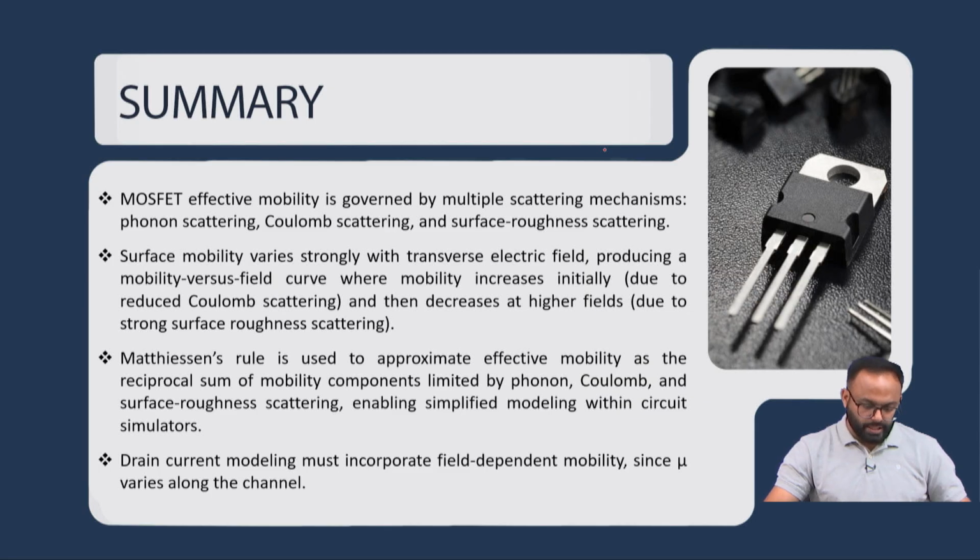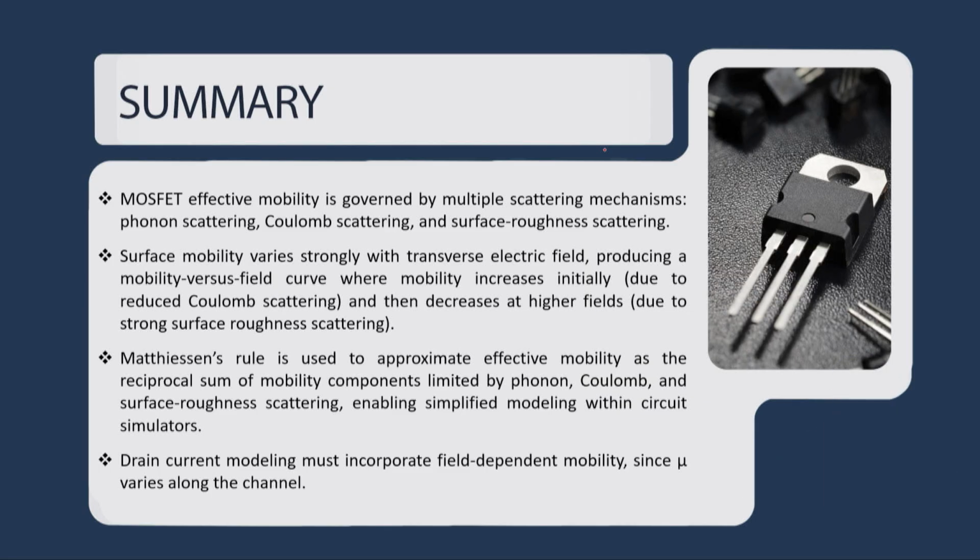So, let me summarize here that the effective mobility concept is very important in MOSFET, because the inversion charges are governed by multiple scattering events near the surface. One is phonon scattering, one is Coulomb scattering, and another is surface roughness scattering.